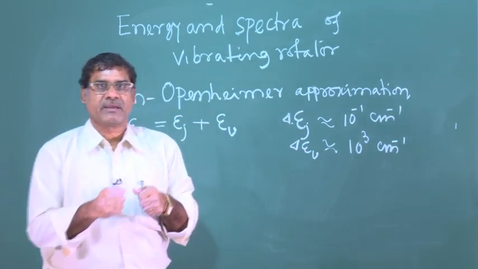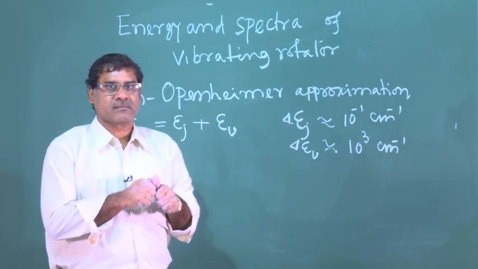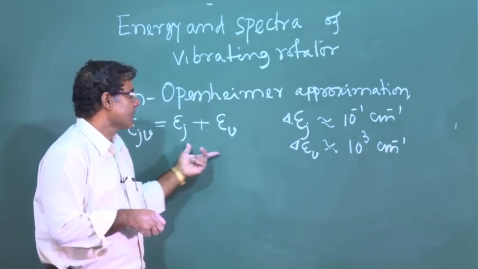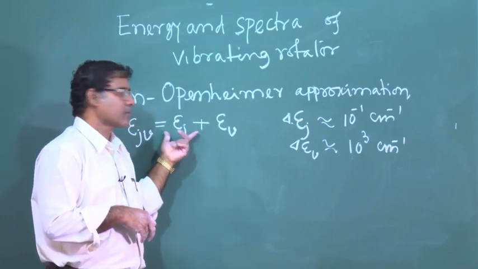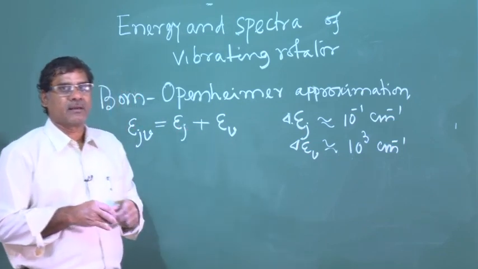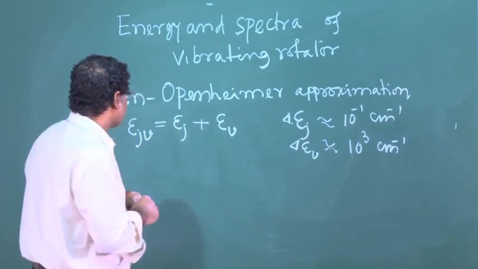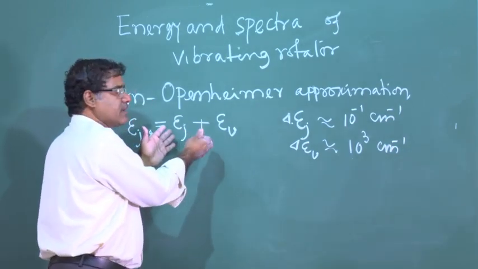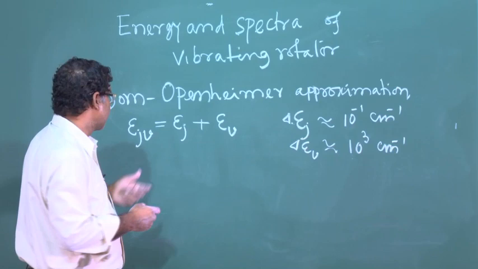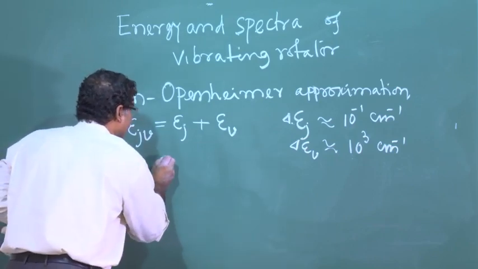So, there will not be any interaction energy term between the rotation and the vibration of the molecule. The total energy will be simply the summation of the individual energies.